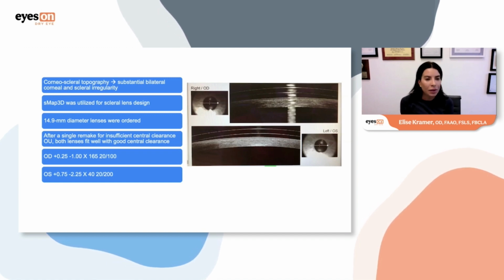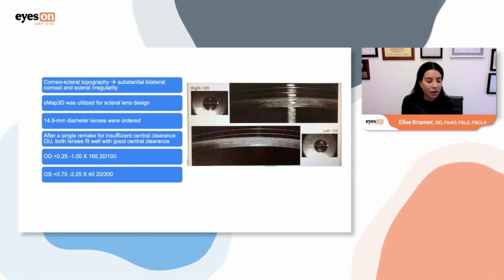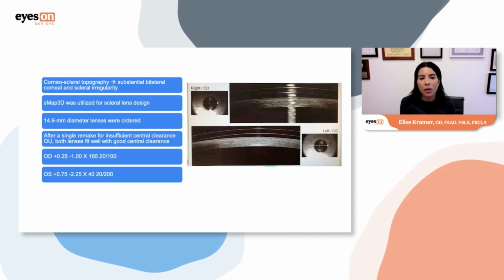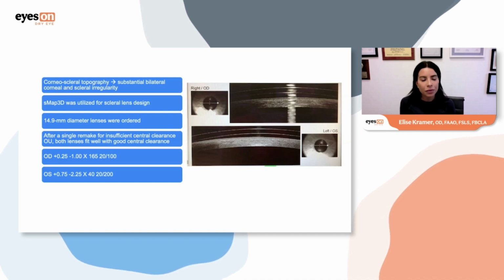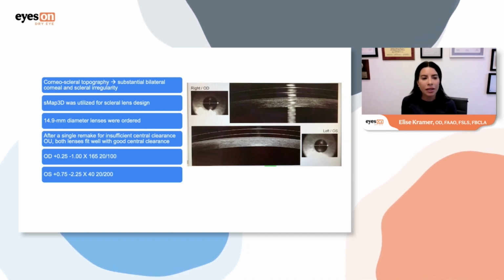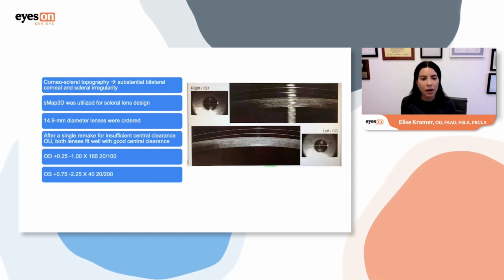We used the SMAP 3D for this. Their standard scleral lens is larger, but this is a young patient, and we wanted to promote successful application and removal of her lenses. So we ordered 14.9 millimeter diameter lenses. We did a single remake because of insufficient central clearance in both eyes.